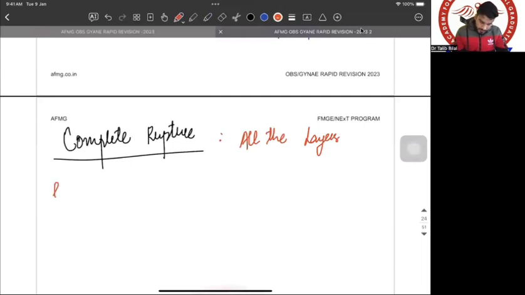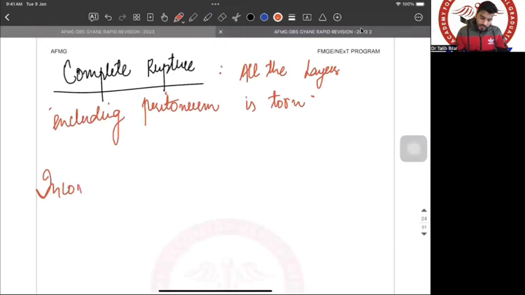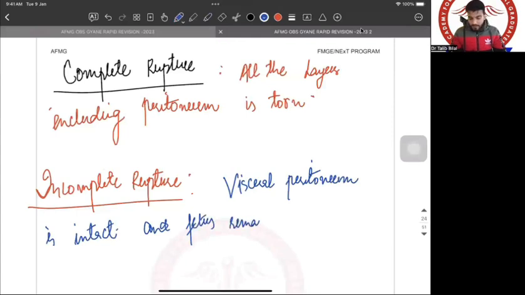And in case of an incomplete rupture, the visceral peritoneum is intact, and the fetus remains inside the uterine cavity. That is a difference between a complete and an incomplete rupture.